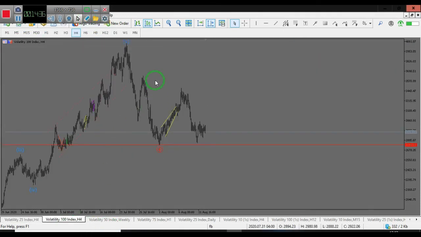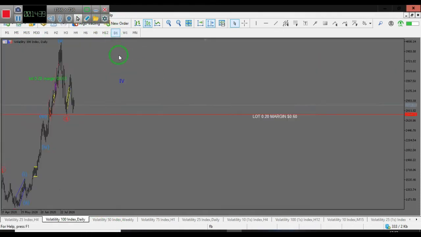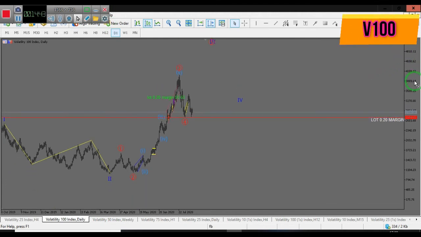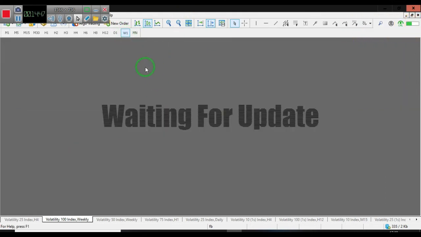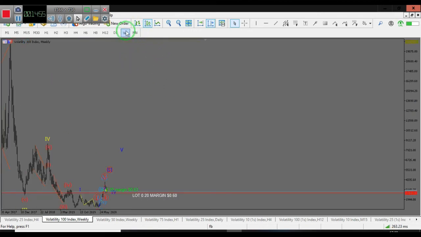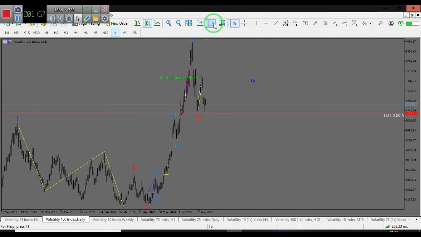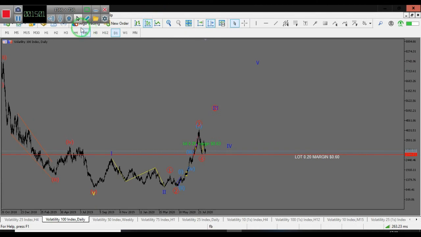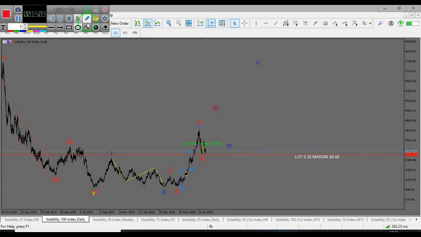Right, V100. This is V100. Let me just show you the long-term structure. Okay, guys, this is what we have in the long-term forecast.